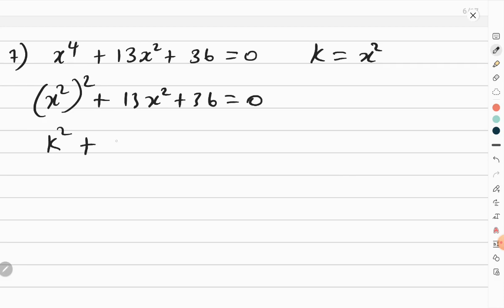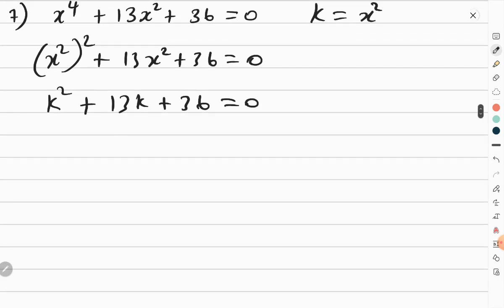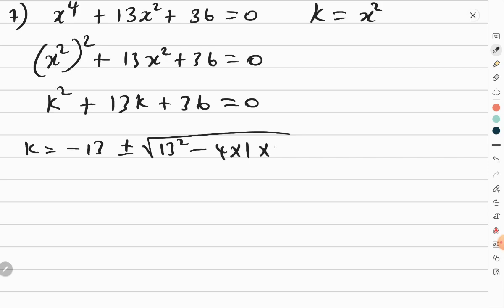So we have k squared plus 13k plus 36 equal to 0. Then we use the quadratic formula: k is equal to minus 13 plus or minus the square root of 13 squared minus 4 times 1 times 36, all divided by 2 times 1.